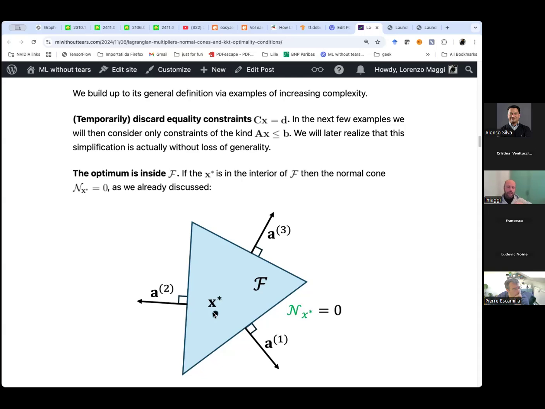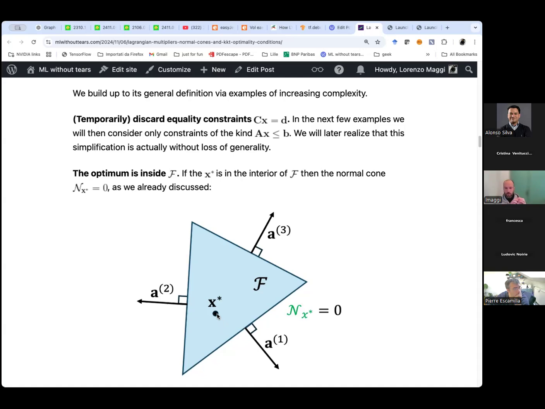Why? Imagine that your normal cone were not 0, and it contained, I don't know, this vector here. Well, it's always possible to find a feasible direction that is aligned with this vector, so its scalar product is positive.